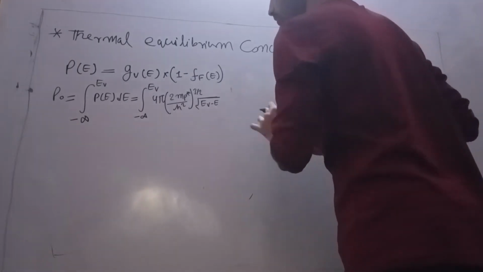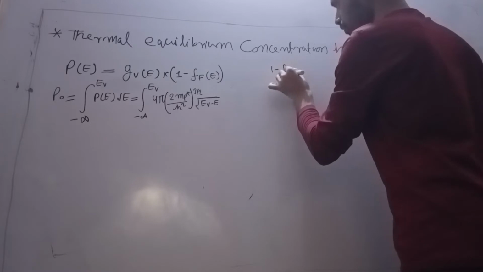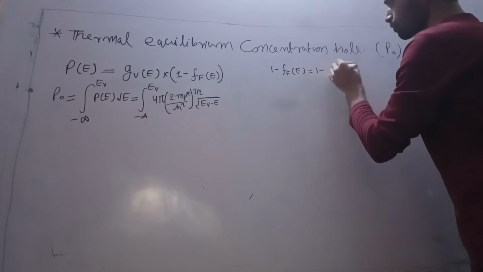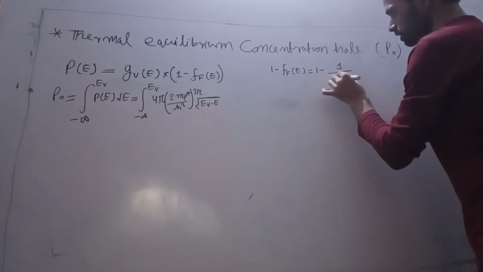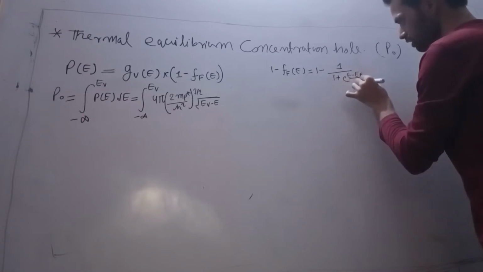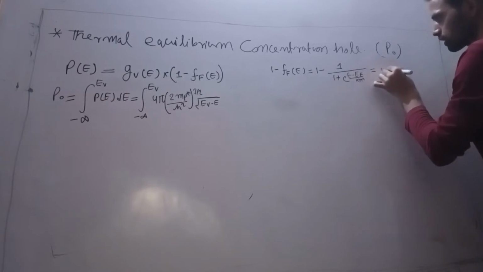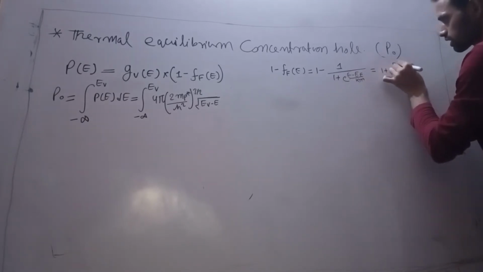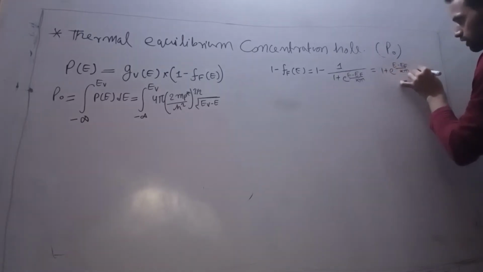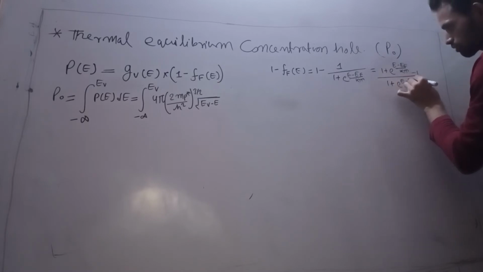Now see here, EV minus E, and this 1 minus f of E. What is 1 minus f of E? Just put the value of f of E, which is 1 by 1 plus e to the power E minus EF by kT, that we know. Now just solve this. 1 plus e to the power E minus EF by kT, minus 1, divided by 1 plus e to the power E minus EF by kT.